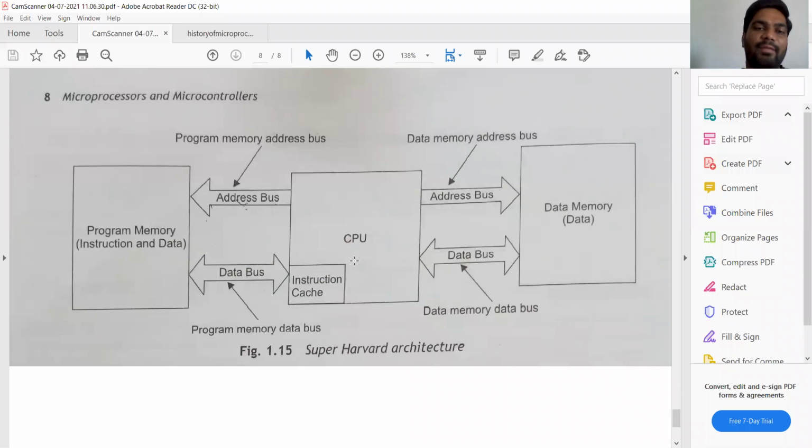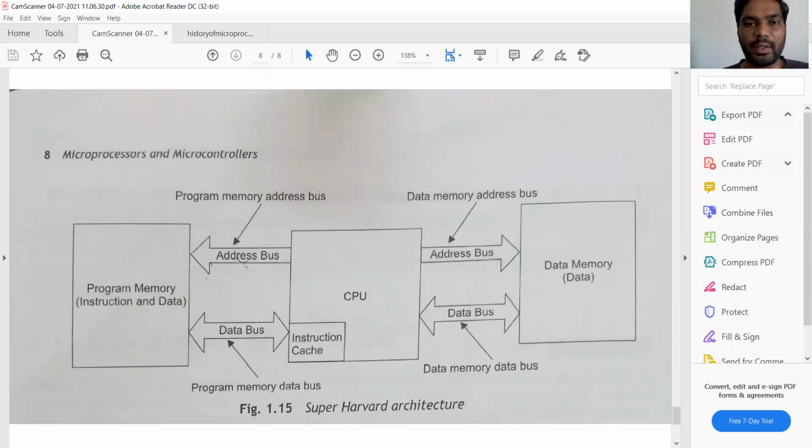You'll have an instruction cache, and that will be stored in the CPU itself. That is the only modification from Harvard architecture to super Harvard architecture, and this structure is particularly used in digital signal processing systems.